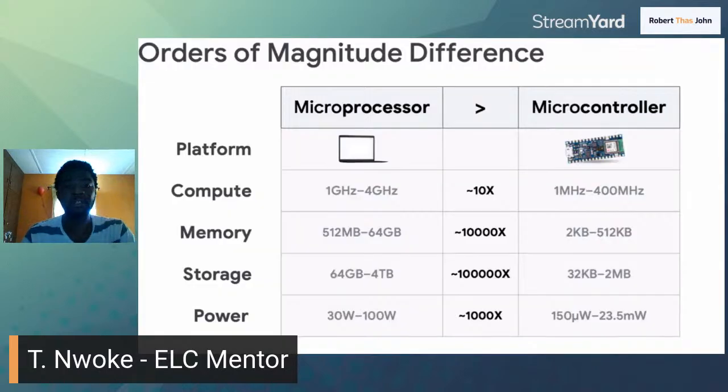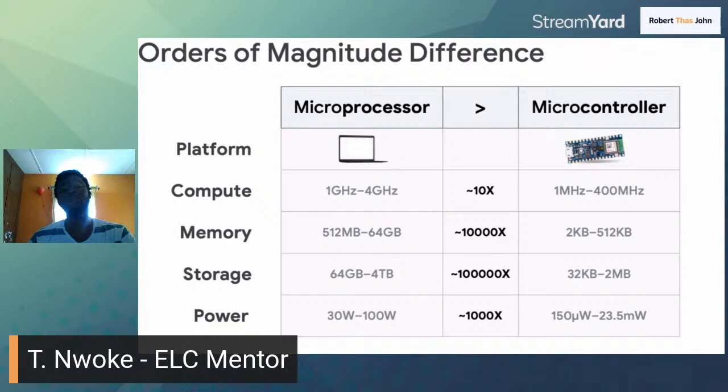So this is the order of magnitude of difference between devices that run on microprocessors and basically a microcontroller, right? So you can see the platform is basically a PC, a laptop, and this is a microcontroller.